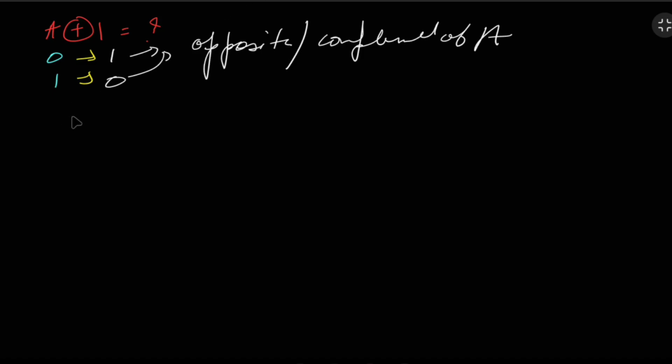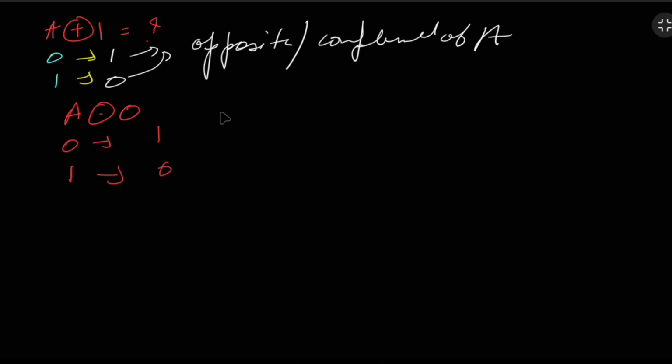Let's find out another one. A XNOR 0. A is 0. What should be the final result? XNOR, then final result will be 1. A is 1, then the final result should be 0.